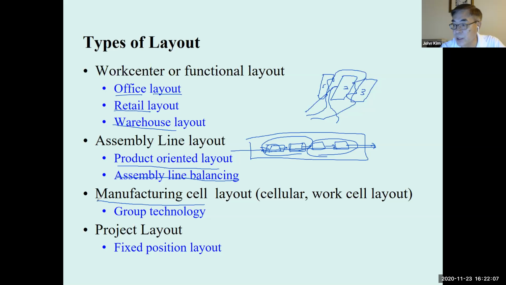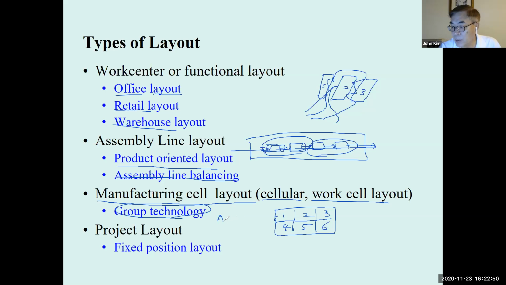Then manufacturing cell layout. Another name of this layout is cellular layout or work cell layout. Using group technology, we make a cell. I think I mentioned this one earlier. So if this is workstation type, then 1, 2, 3, 4, 5, 6 workstations, or office layout type.